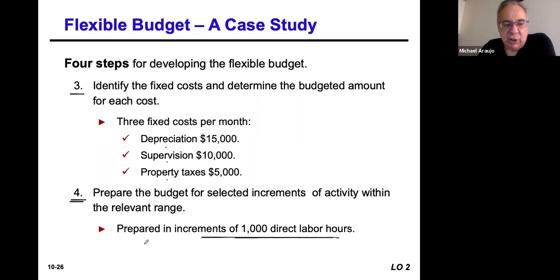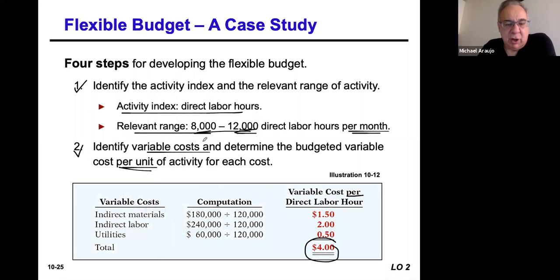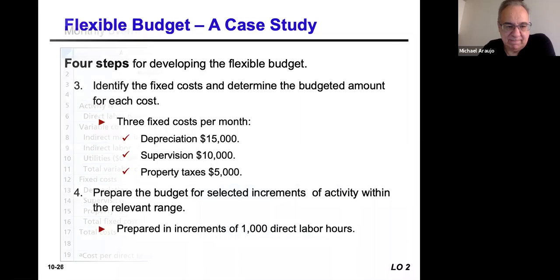So you have to remember, going back to the first step, the relevant range was between 8,000 and 12,000. So we're going to do literally five budgets: one on 8,000, one on 9,000, 10,000, 11,000, and 12,000 hours. So there are five different budgets that are going to be prepared based on this.